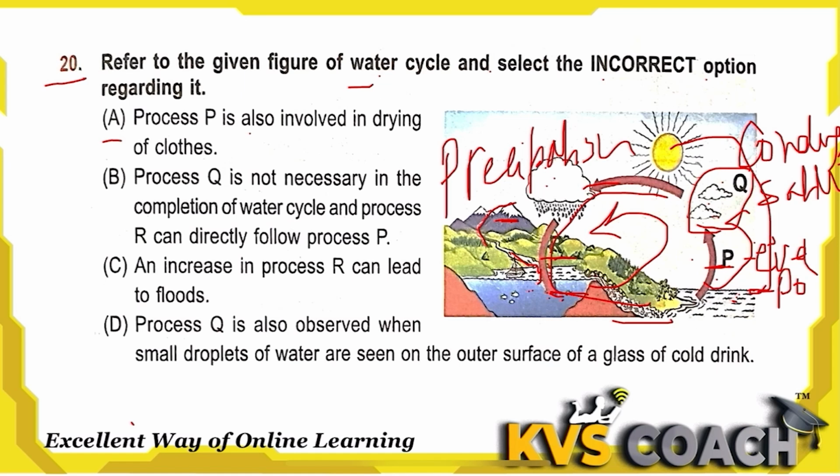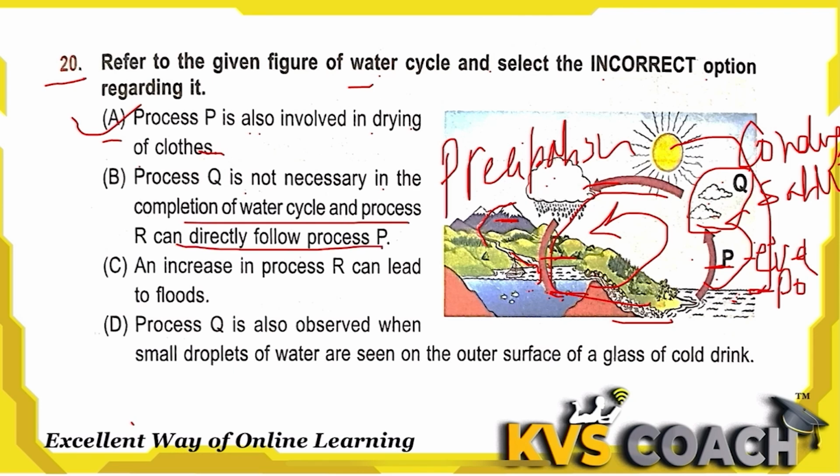So option A, process P is also involved in drying of clothes. This is right. When wind blows, water evaporates and comes out from the cloth. This is also the same process. Option A is right. And process Q is not necessary in the completion of the water cycle. Process R can directly follow.